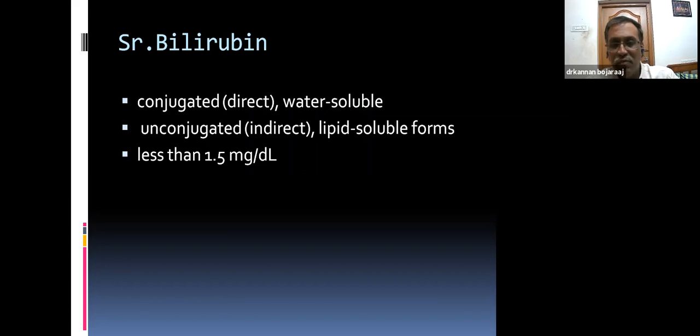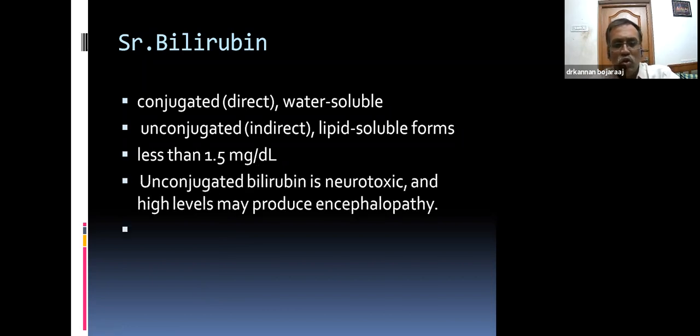The other form, unconjugated bilirubin, is Van den Bergh negative, called indirect positive. That is lipid soluble, and the total should be less than 1.5 milligram per deciliter. Unconjugated bilirubin is highly neurotoxic, and high levels may produce encephalopathy. That is very dangerous to brain cells.